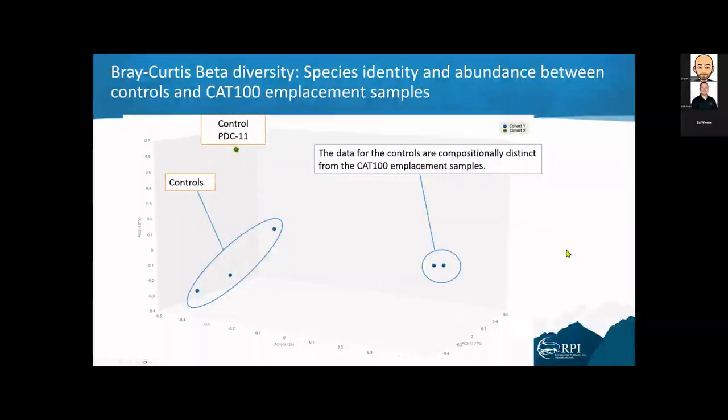And the cat emplacements, even though they're very far apart, are very, very similar to one another. I would argue that we have control over the character of the aquifer post-cat injection, and that's why the two cat samples are so similar.